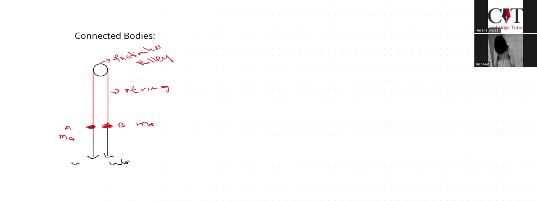If both balls have the same mass, there would be no movement in the pulley. The pulley would remain like this. But if the mass of ball B is greater than the mass of ball A, then we would have a net force.